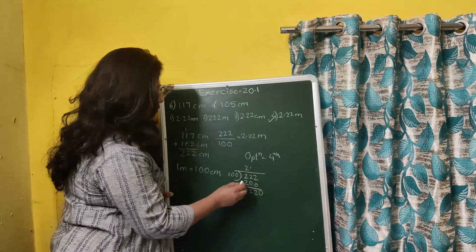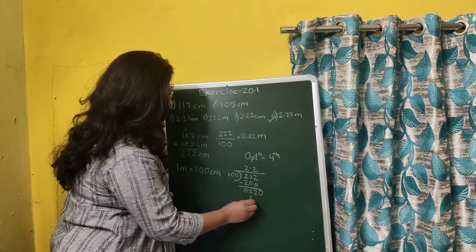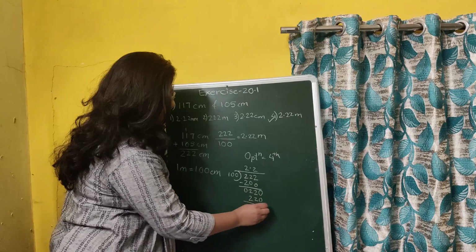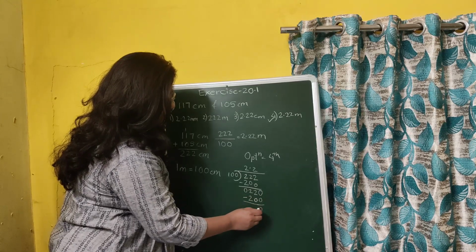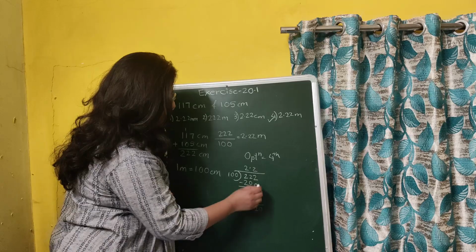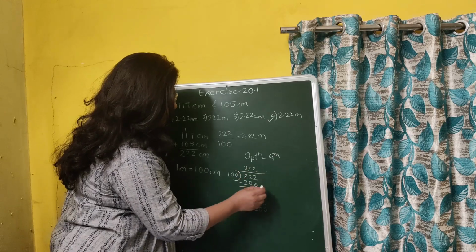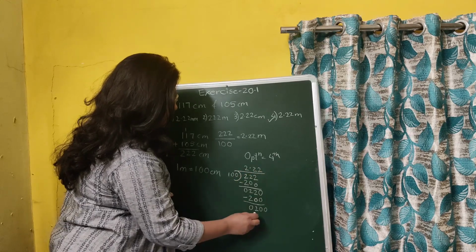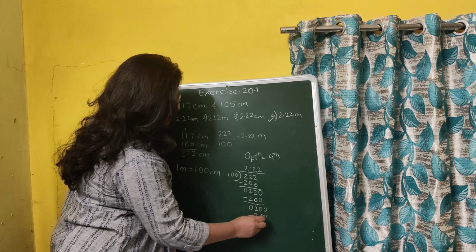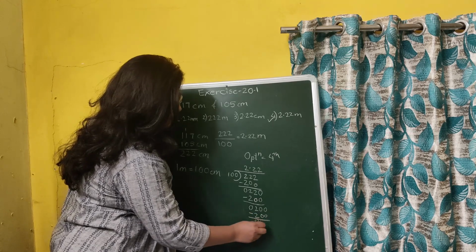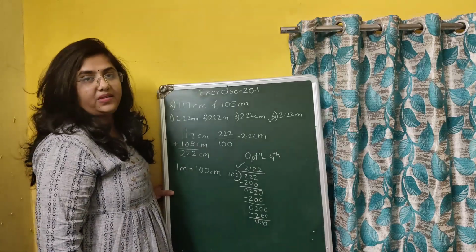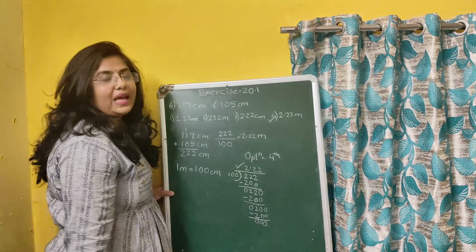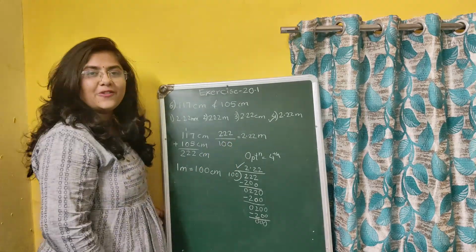Add a 0. 200, 0, 2 and 0, again 0 and 200. This answer we got here, but it will take more time, so you can do it this way also.